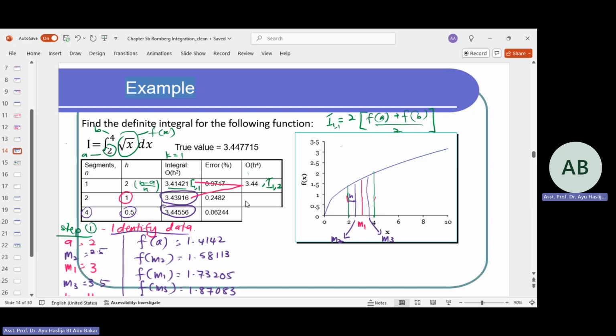If the question asks you to find approximate error for each integration, then you need to find it for each level and each estimation.